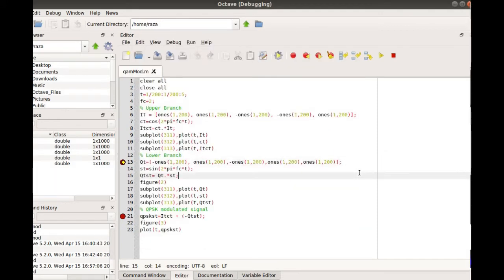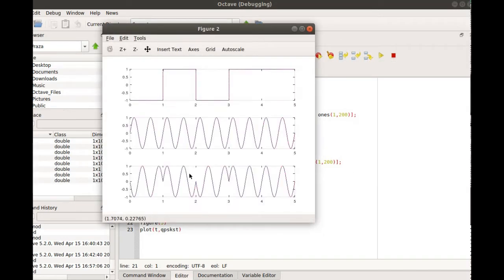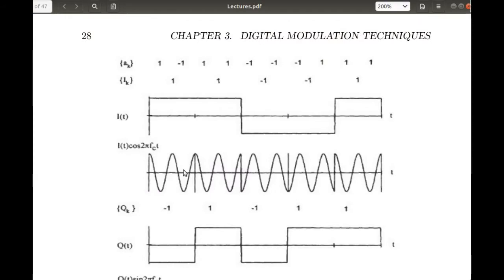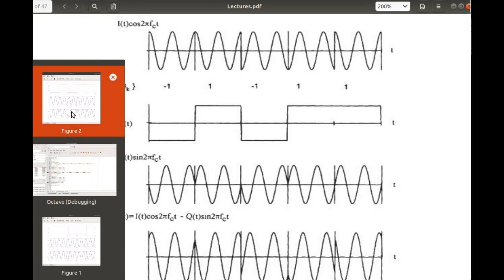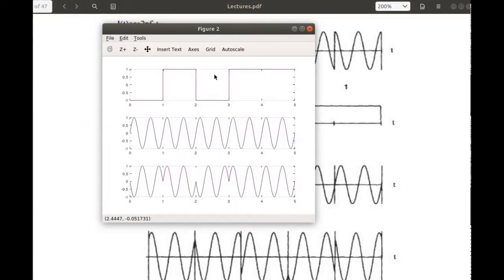Now if we run it further, step out, this is the second one, Q(t) sin(2πf_c t), because if you recall, we had the Q(t) in this form. These were for the even-numbered bits, and we generated this waveform Q(t) sin(2πf_c t), which was this signal, and it is given here in this figure.